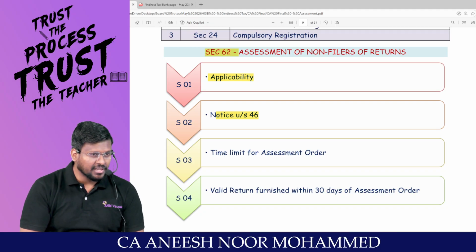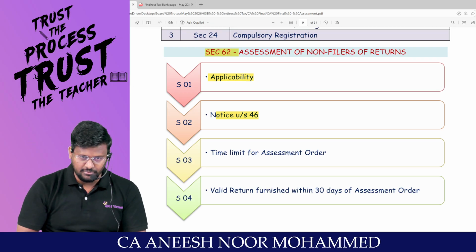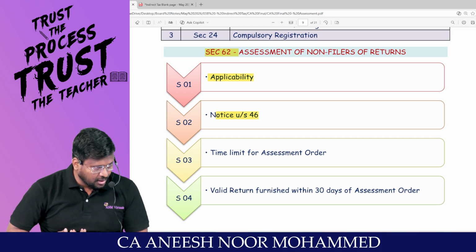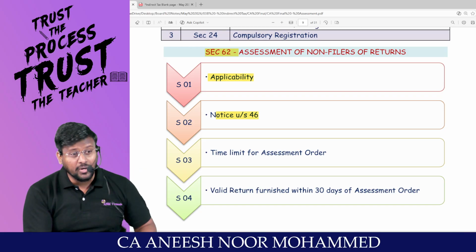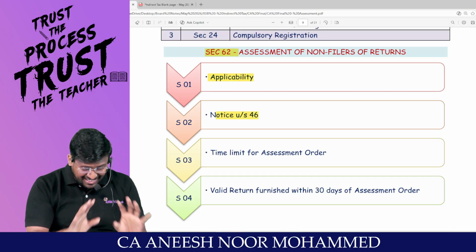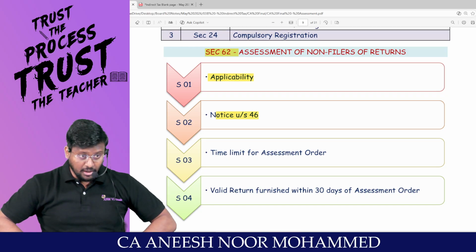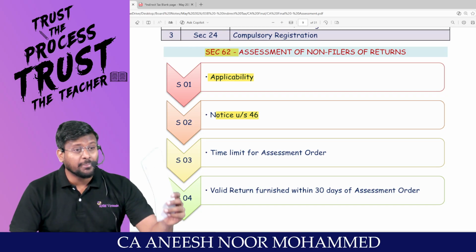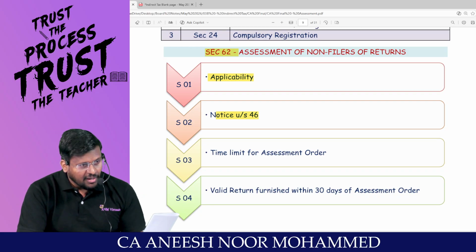Certain people will say, oh my God, I forgot to file the return. Or I was busy because there was a death, or I was not well, or my accountant went with some other person, or the accountant was on leave, so I did not file the return. Now the department has issued a notice under section 46 to file the return.